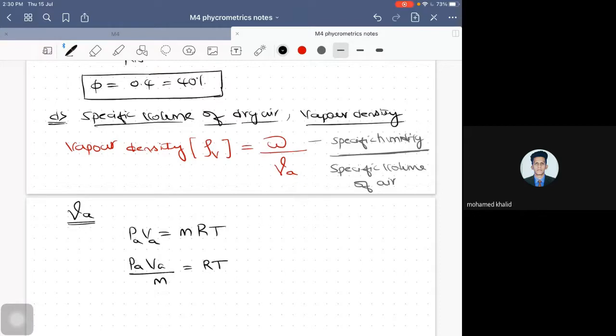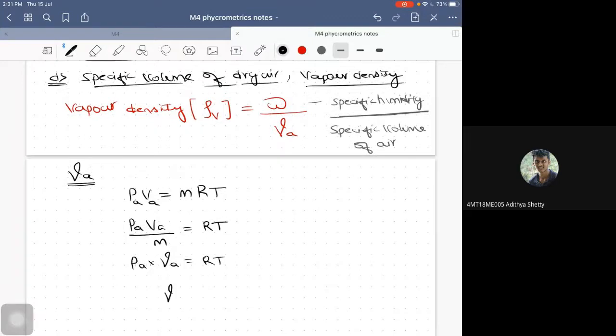What is capital V divided by mass? Any property divided by mass will turn specific. Volume divided by mass is specific volume, enthalpy divided by mass is specific enthalpy. So the same thing, it is PA into small va, that is equal to RT. From this, va is equal to RT divided by PA.